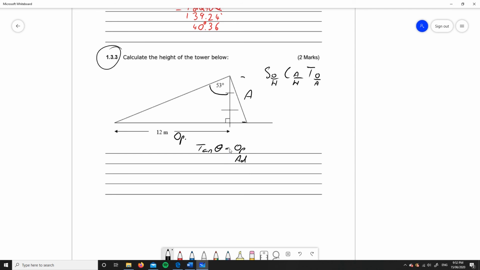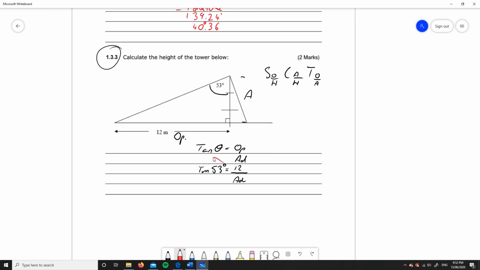I have the angle, so tan of 53 degrees equals 12 divided by the adjacent.